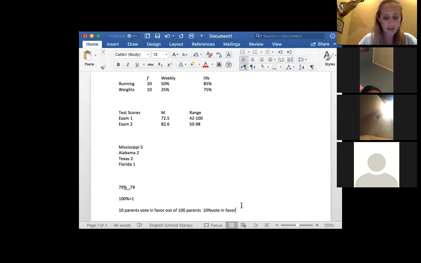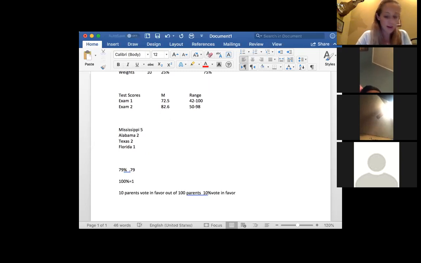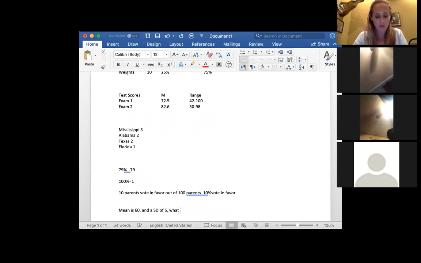So if you've got here a normal distribution, the mean is 60 and a standard deviation of 5. That means it lies between 55 and 65? 34% does, yes. Perfect.